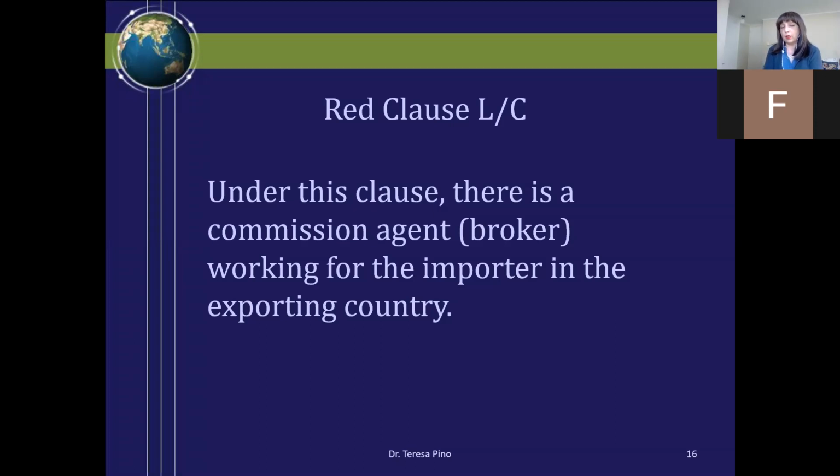Since we're seeing it for a letter of credit, it is usually the importer who requests somebody. Let's assume that you want to buy magnetic imaging machines and you don't know anybody in the country, in Germany, for example. So you look for a broker and they look for the merchandise you want.